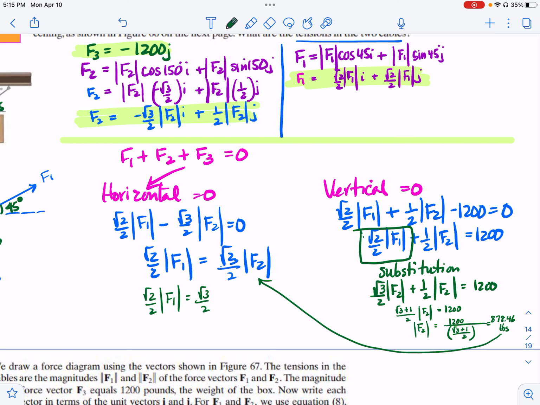Yeah, 878.46 is correct. Both sides can be multiplied by 2, so the 2's pretty much cancel.